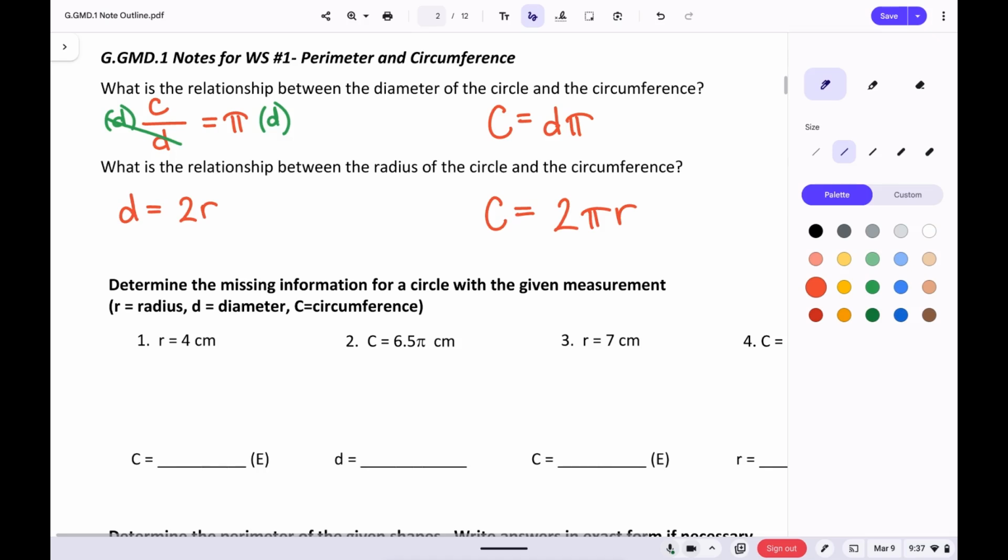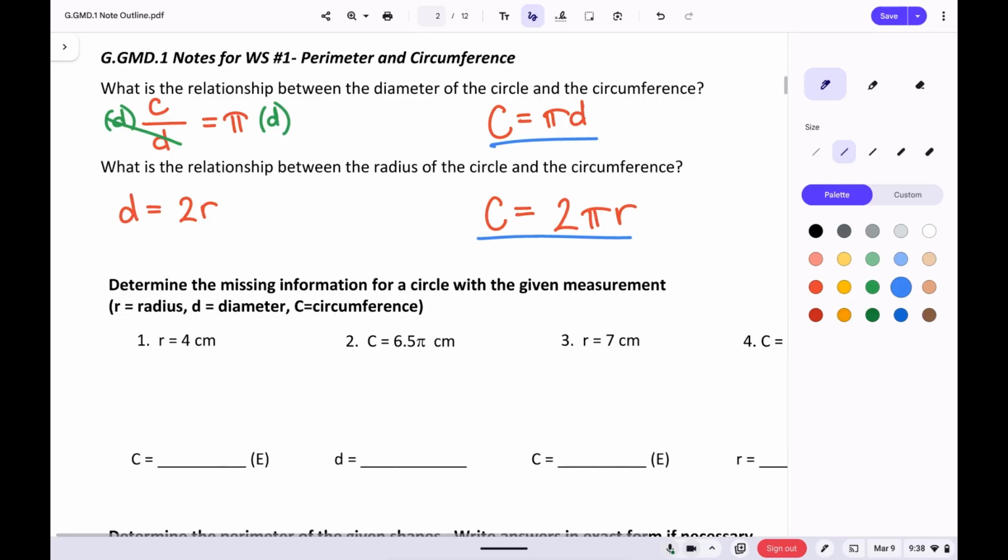These are the two formulas that we have for circumference of a circle. Diameter times pi, or sometimes that's more commonly written as pi times diameter, so I might switch that around. And then we have 2 times pi times radius. The order of those terms doesn't really matter because we're just multiplying. So we can multiply them in any order and it's not going to affect my answer.